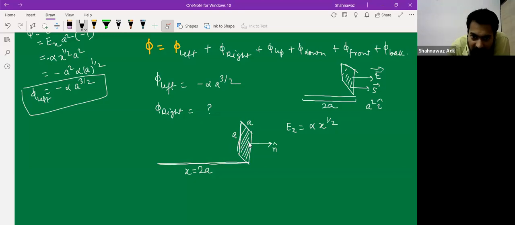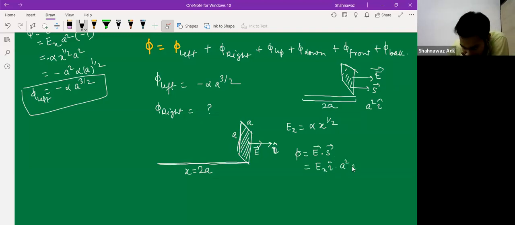And what is the direction of the electric field? It is also in the I hat. So this is in the I hat, and E is also in the I hat direction. Right. We know that phi is E dot S. So this is Ex I hat dot S, which is A square I hat.